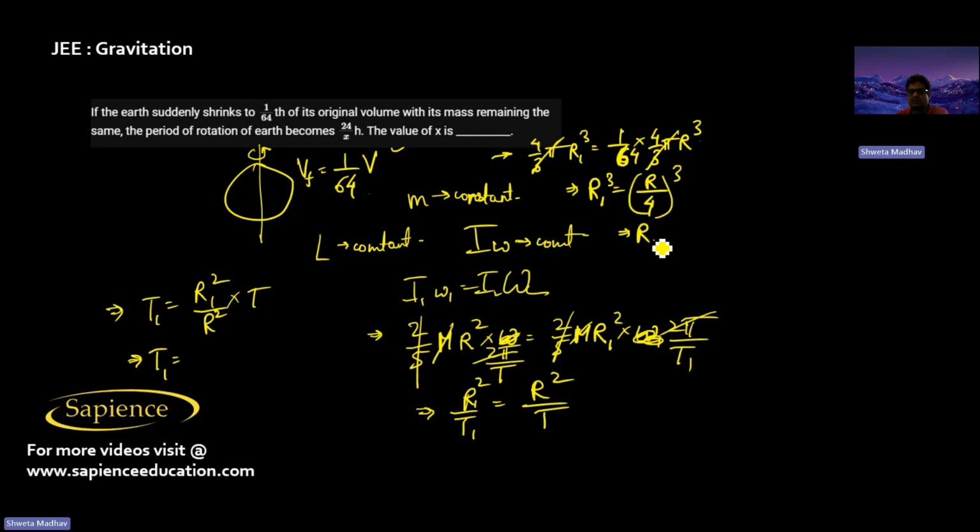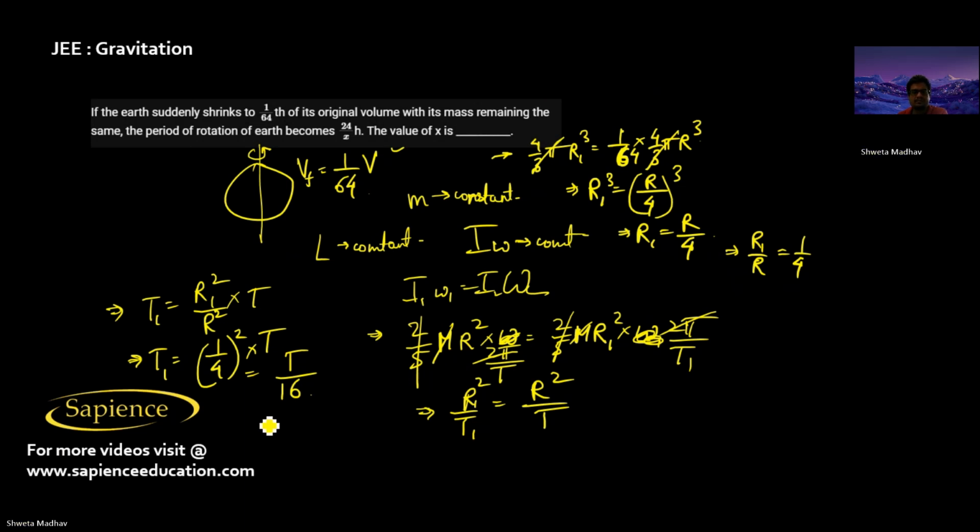It means that R1 will be equal to R by 4, that means R1 by R will be equal to 1 by 4. So 1 by 4 whole square into T would be equal to T by 16. So T1, the new time period, will be equal to 24 by 16 hours.